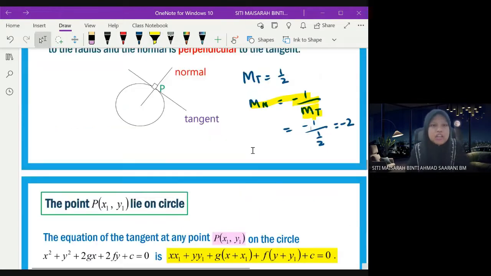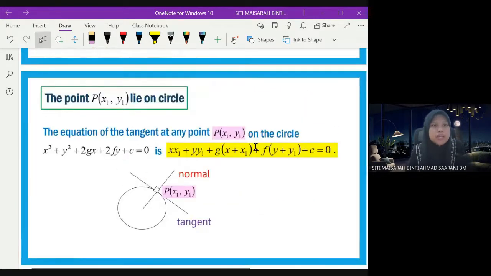Okay. Alright. The point P, X1, Y1, kalau tengok dekat diagram ni, dekat gambar rajah ni, P ni adalah titik yang jadi tangent tu, yang touch, line touch dengan circle. Okay. So the point P, X1, Y1 lie on the circle.